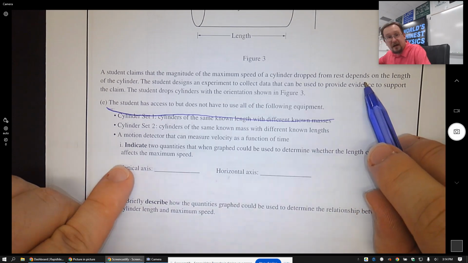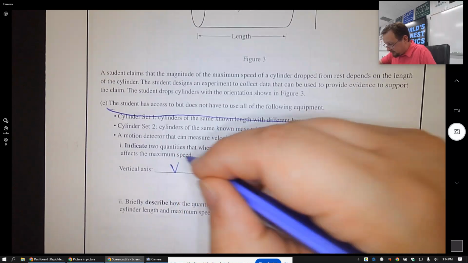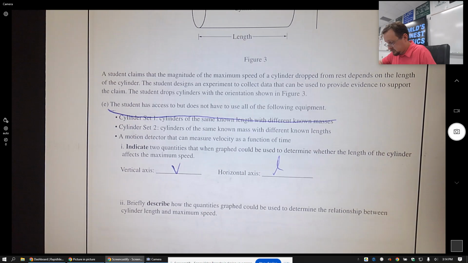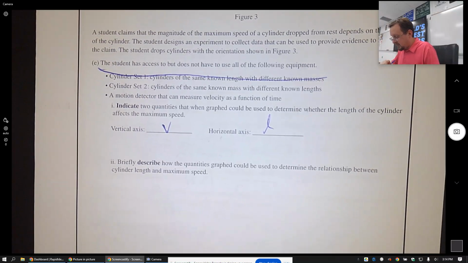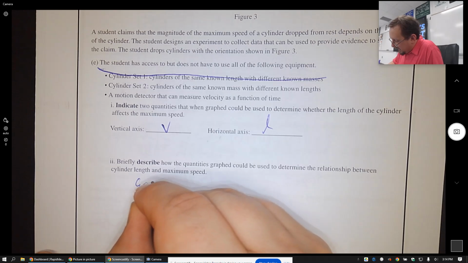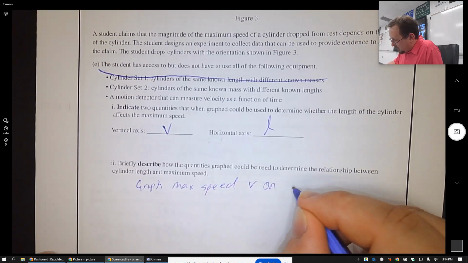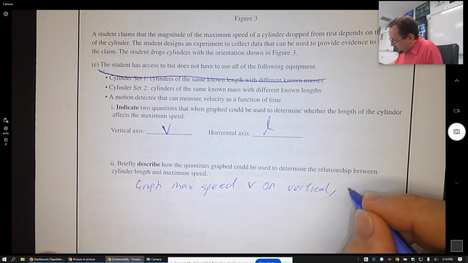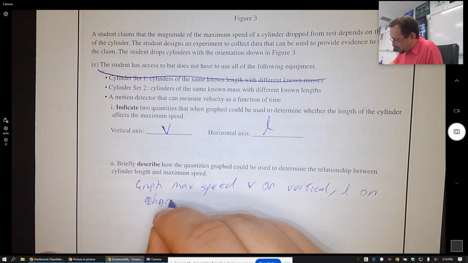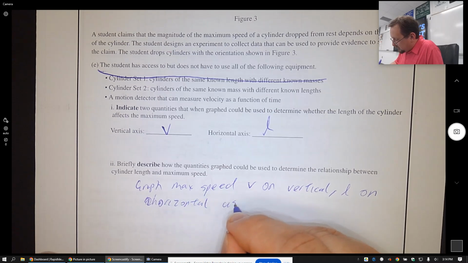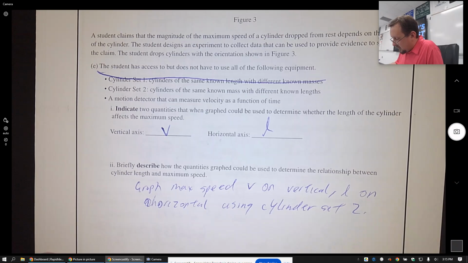Okay, it does not say what type of relationship, so I think I'm just going to say V versus L. Describe how the quantities graphed could be used to determine the relationship between cylinder length and maximum speed. So you're going to graph the maximum speed V on the vertical, and maybe L on the horizontal, using cylinder set 2.